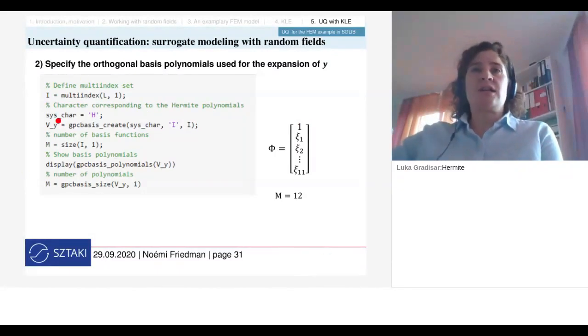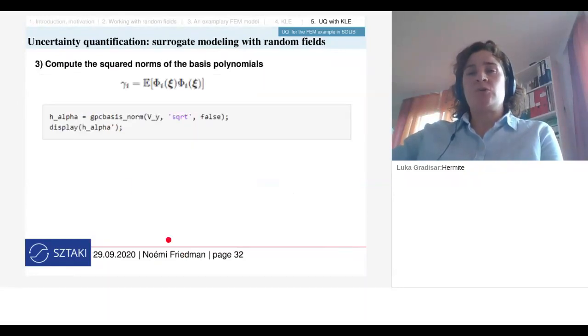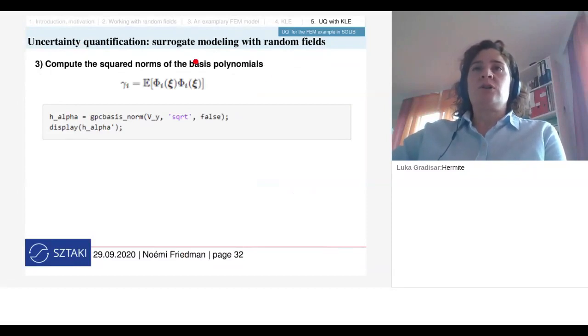This is just the definition in SGLib, how I define a multi-index set and how I define the basis. So you see here my 12 basis functions that I use for the uncertainty quantification. And I will need also the squared norms, which can be easily obtained from the SGLib function.